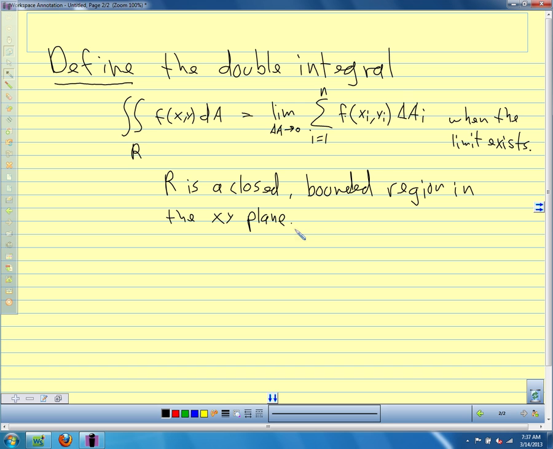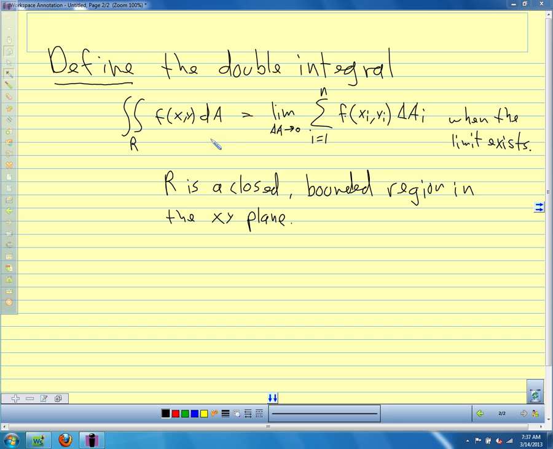Below are two integral signs. So this is the double integral over R of f of x, y, dA. That's our definition of the double integral.